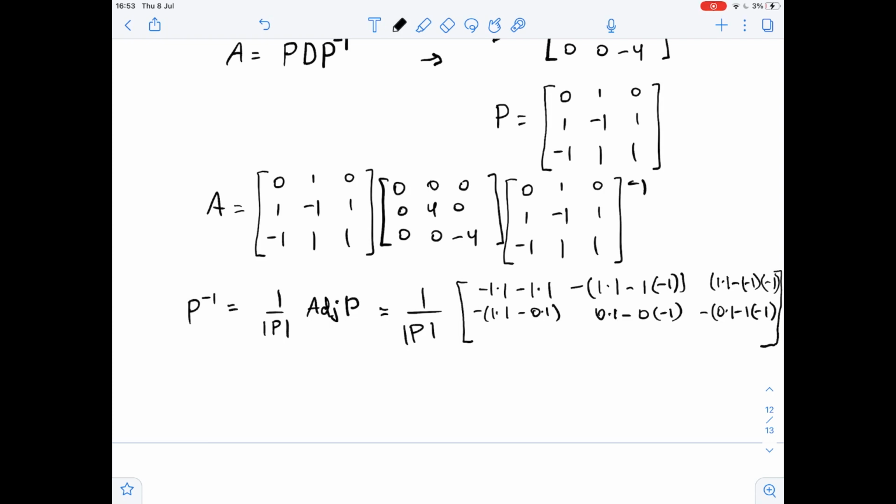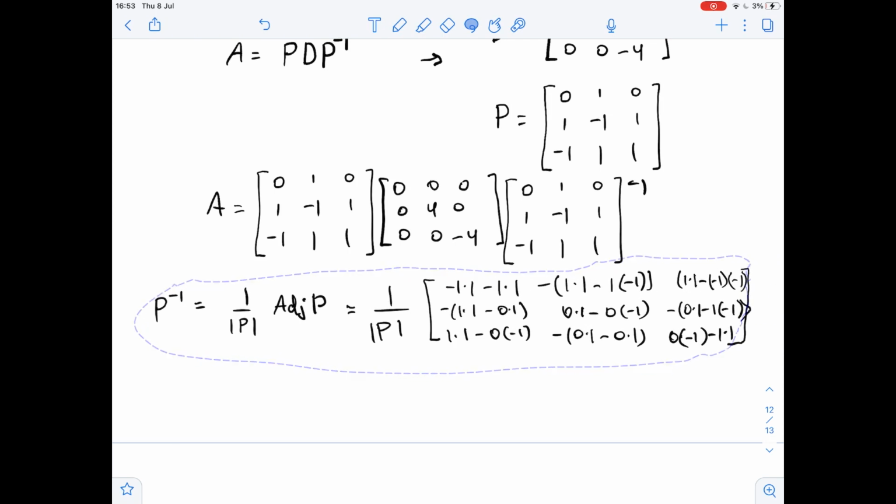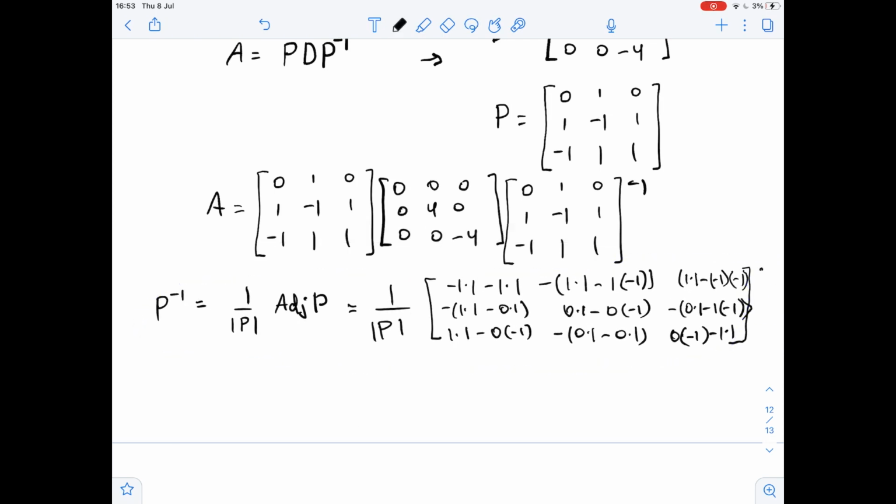In the next row we have 1 times 1 minus 0 times -1, -0 times 1 minus 0 times 1, and 0 times -1 minus 1 times 1. And this whole thing is transposed.